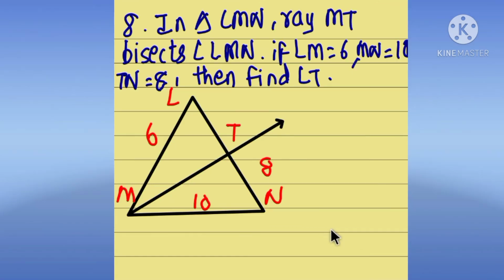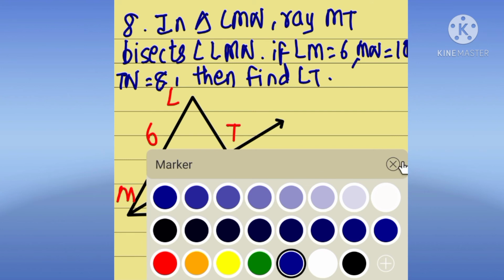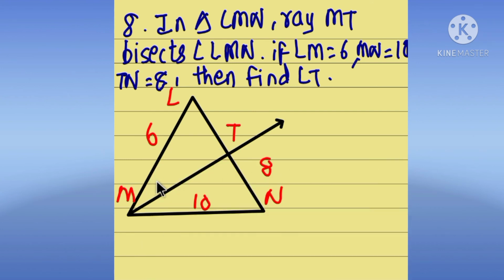Sum number 8, in triangle LMN. Here is a triangle LMN. Ray MT bisects angle LMN. Ray MT, that means this ray, bisects angle LMN. That means we can draw same symbols.